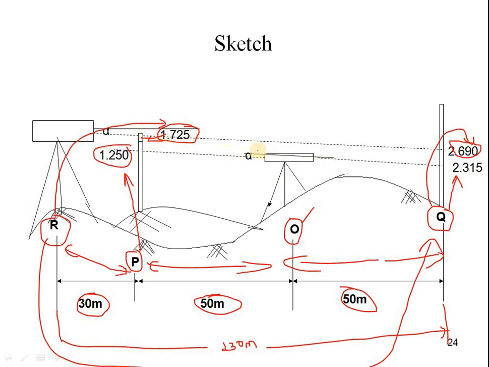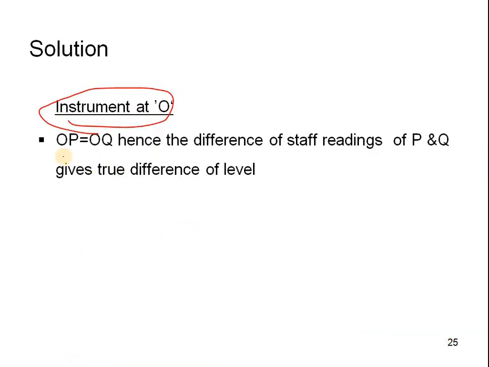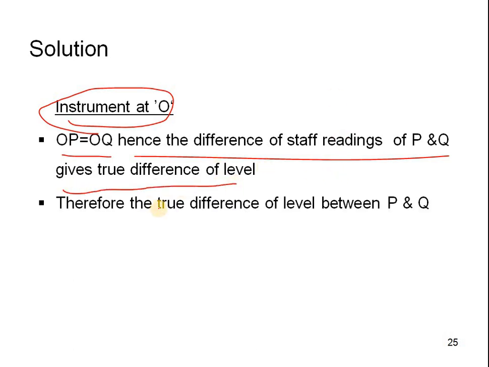So the distance here is called alpha, and here we can see the points, and this is also alpha. So solution: we have to find out the instrument at O. OP is equal to OQ, hence the difference of staff readings of P and Q gives true difference of level.